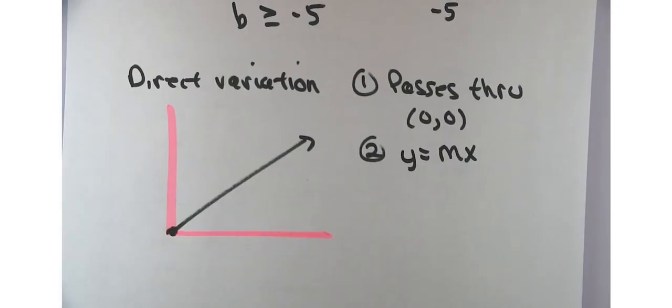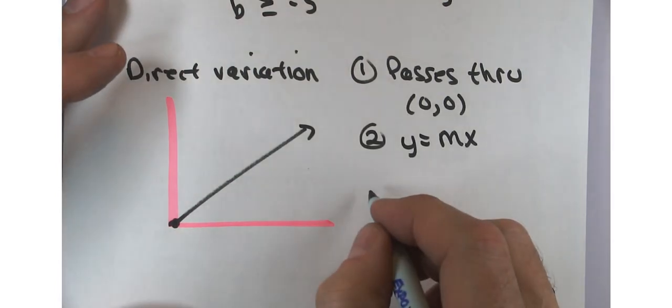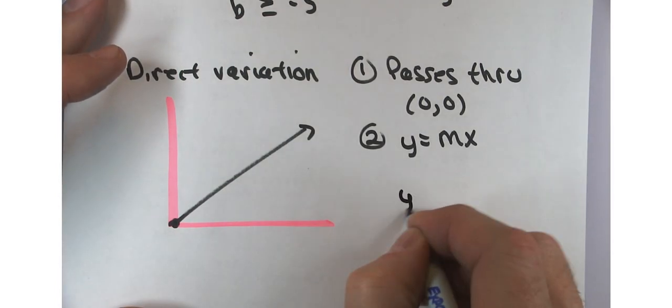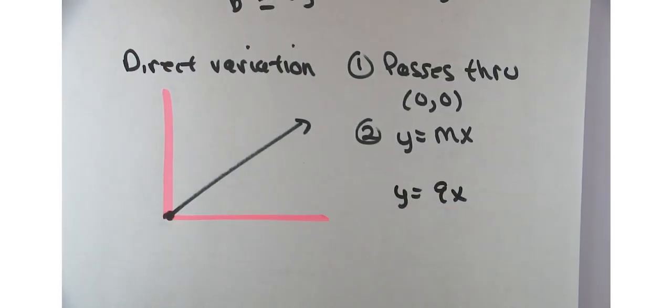Another kind of test for something that has direct variation: if you double the input, you should double the output. So, for instance, some of the problems that we had dealing with direct variation were stuff like this. So we had y equals, say, 9x, where x is the number of pizzas that you ordered.